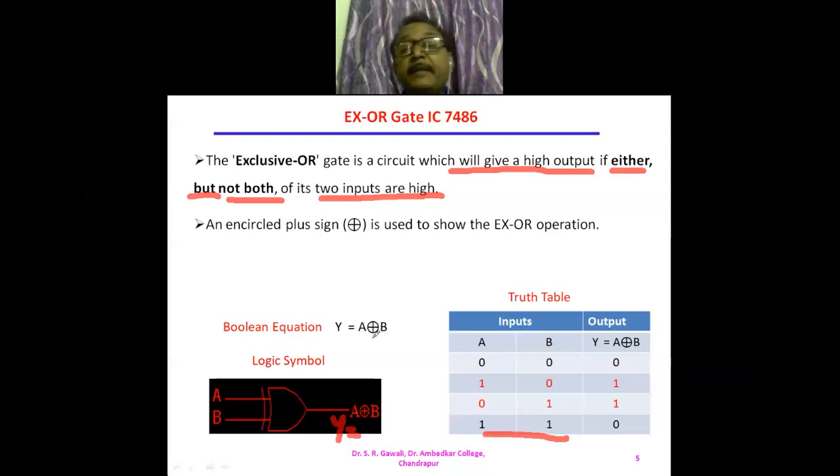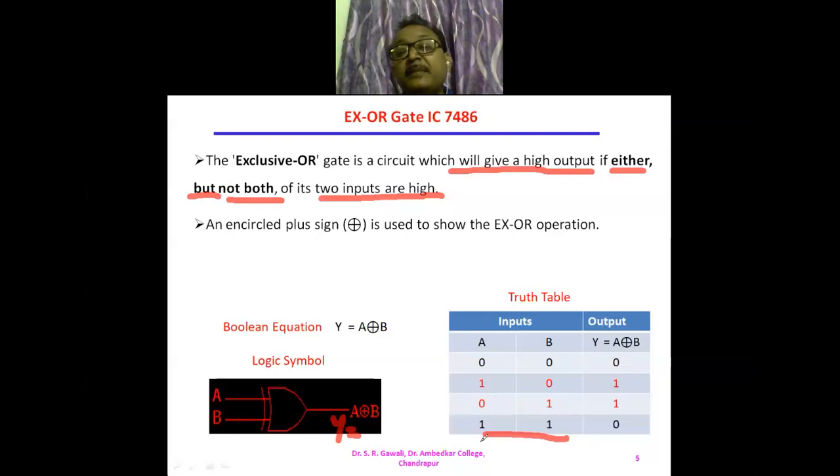A direct sum B, and the output of the exclusive OR gate is 1 when the inputs are different. When inputs are different, then the output is 1. When inputs are similar, 0 0, the output is 0.